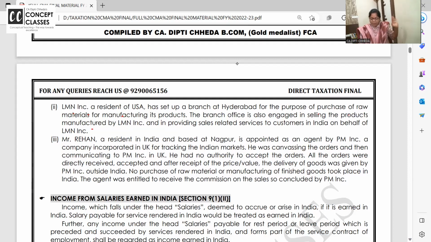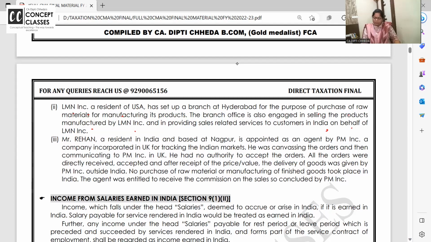But this time, the branch in Hyderabad is also engaged in selling the products manufactured by LMN and in providing sales related service to customers in India on behalf of LMN. समझ में आ रहा है?